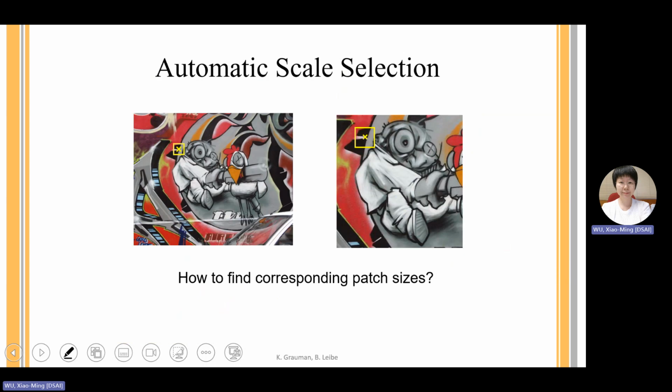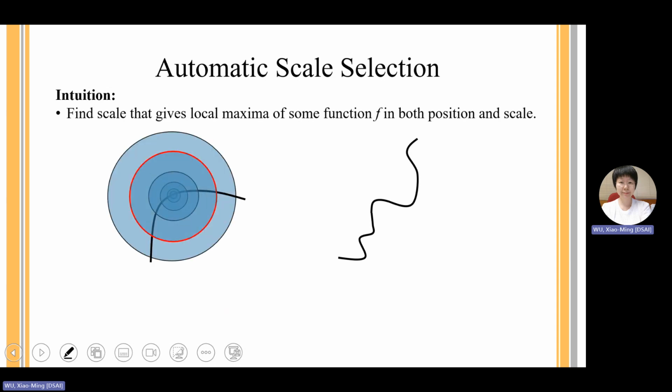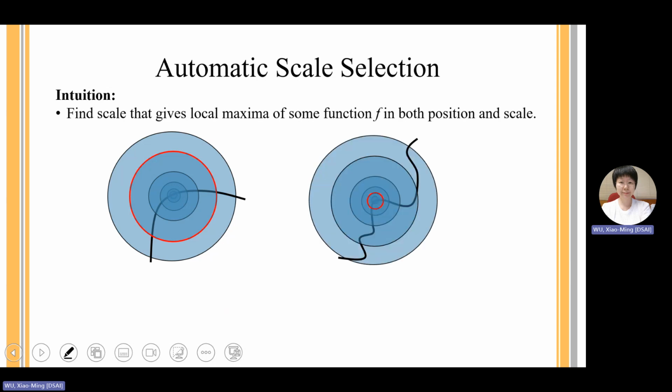The solution is just to apply a series of windows of varying sizes. For example, we may consider applying multiple windows of varying sizes. Previously, for each pixel, we only evaluated one window.